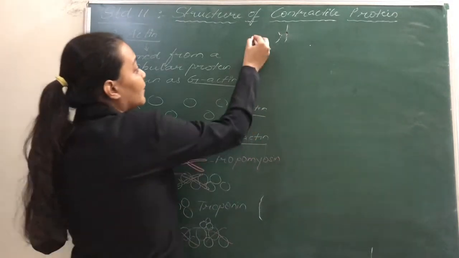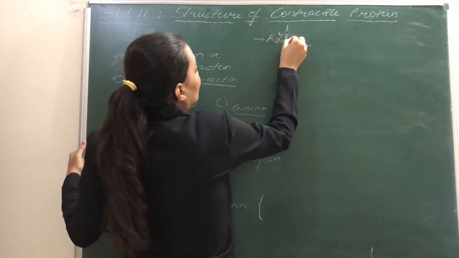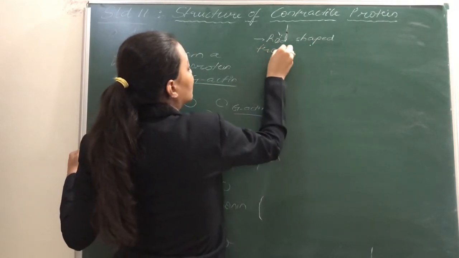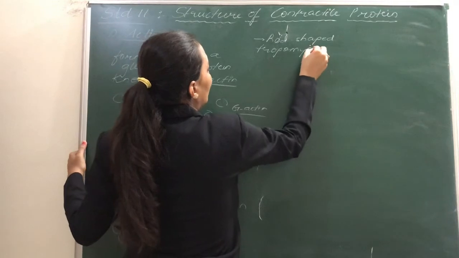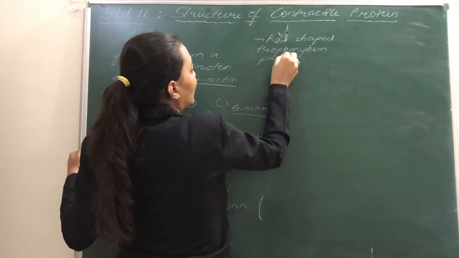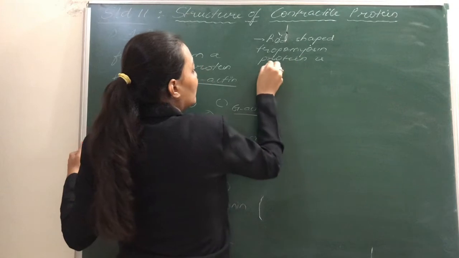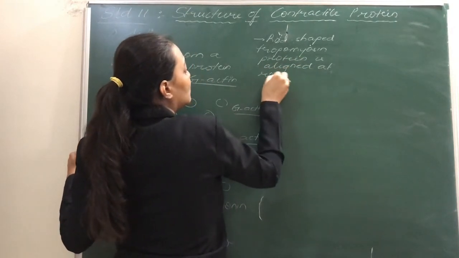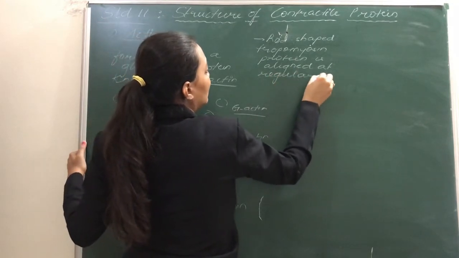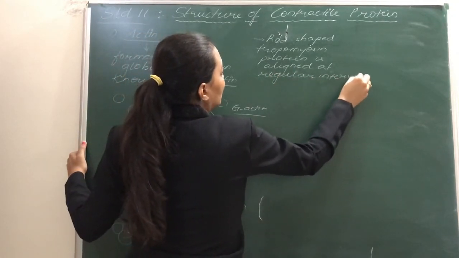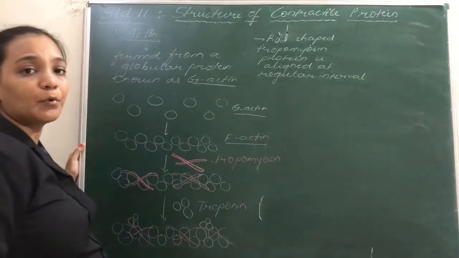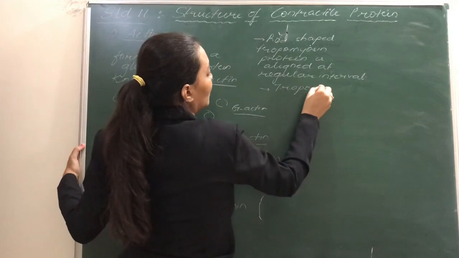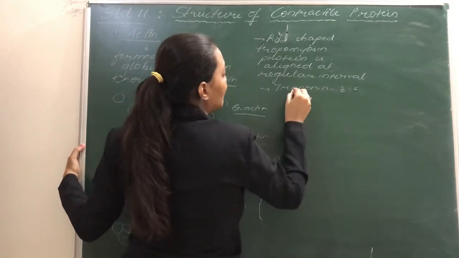Here the rod-shaped tropomyosin protein is aligned at regular intervals. And one more protein, troponin, has 3 subunits.